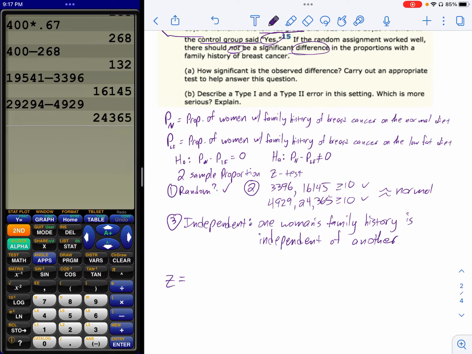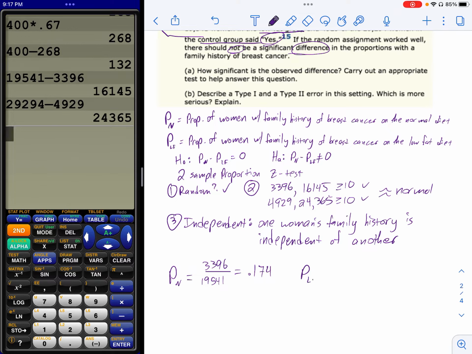We should do a little bit more background work first. What is Pn? That is 3,396 over that big number, 19,541. And you get about 0.174 if you divide those.